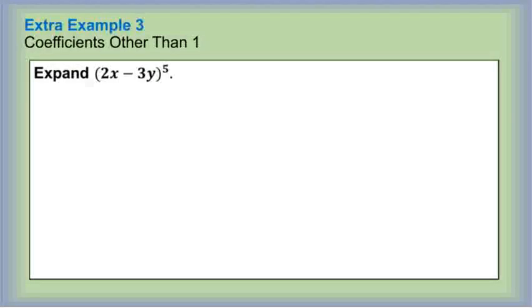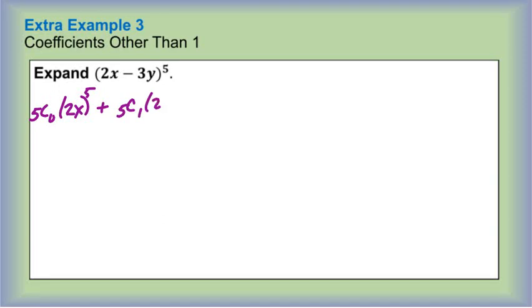And our last one here, expand it to five terms here. So write this down. We have 5 choose 0, and this would be 2x to the 5th. I'm not going to put the negative 3y to the 0 because that's just 1. Plus 5 choose 1, 2x to the 4th, negative 3y to the 1st.